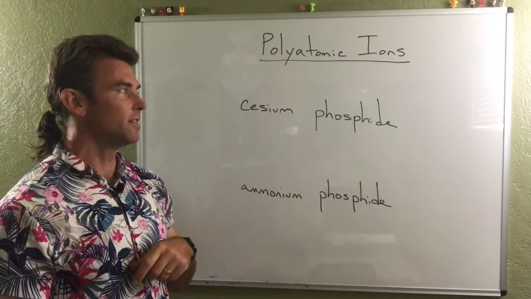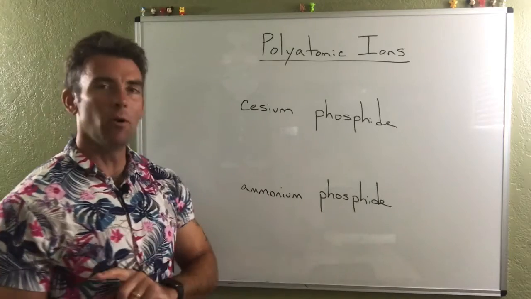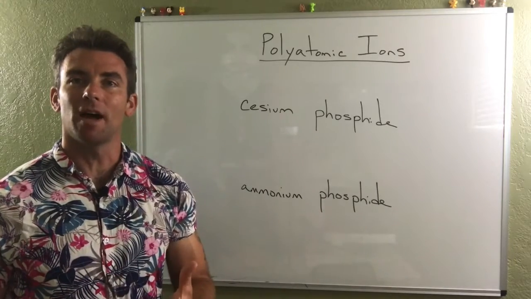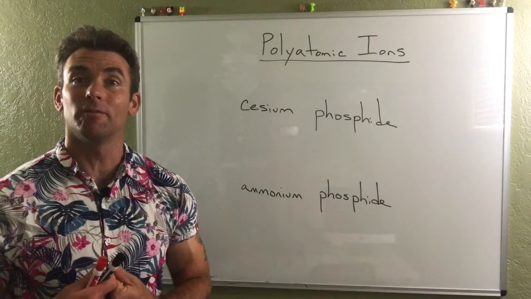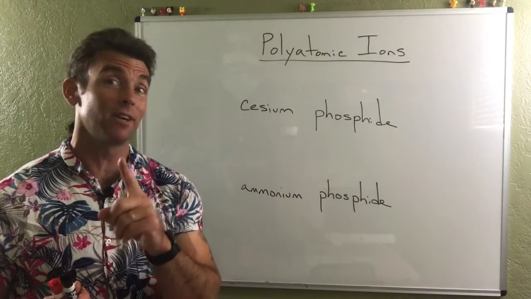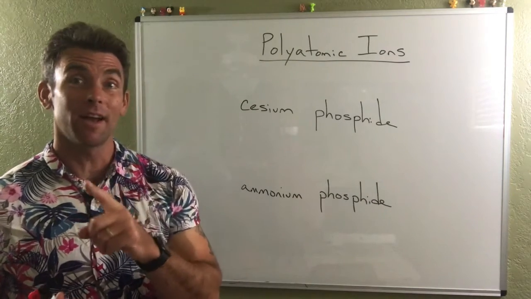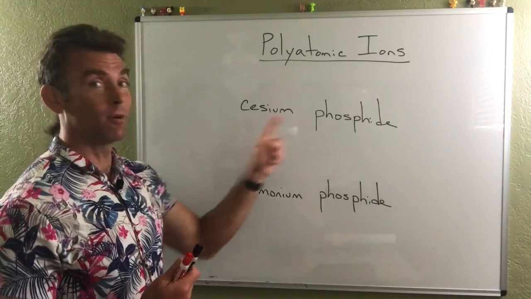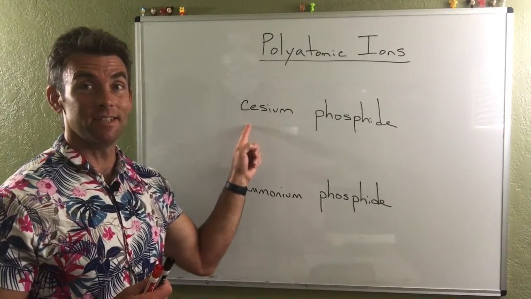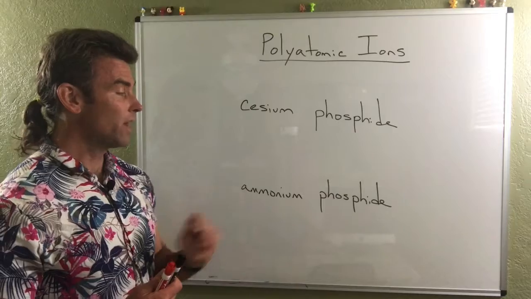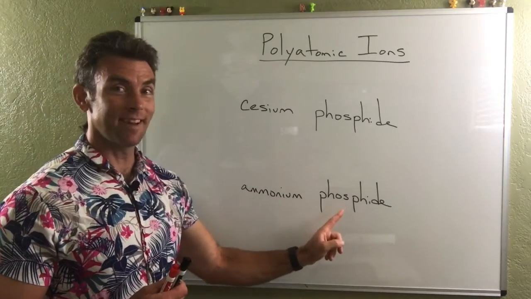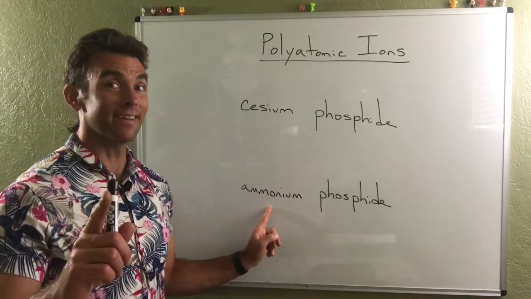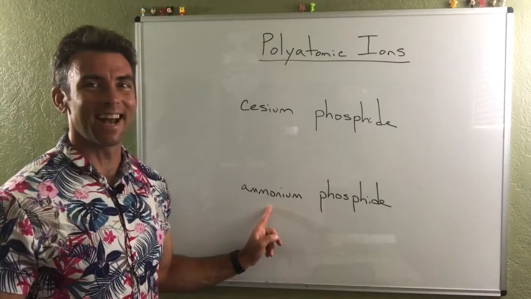One is cesium phosphide, one is ammonium phosphide. We're going to apply the rules that we know for figuring out the formula for an ionic compound because we know they're both ionic compounds. We ask, is there a metal present? And we say yes, cesium is a metal. For the other, we ask, is there a metal present? And we say, no, but wait, there's an ammonium, so therefore it's ionic as well.